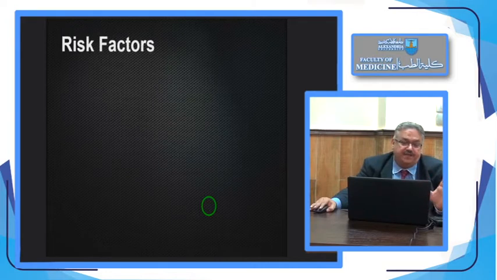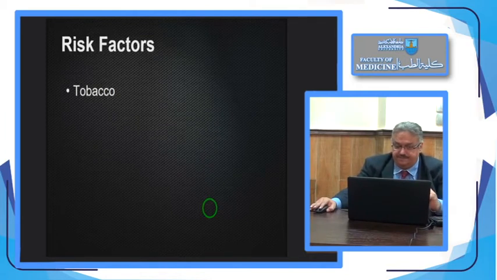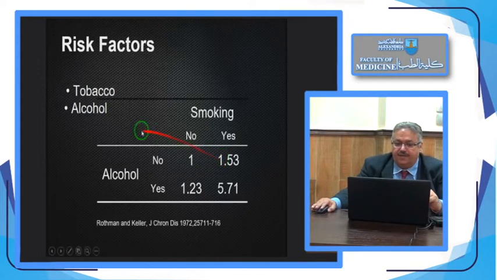So what about the risk factors? Risk factors of development of head and neck cancer. When I say head and neck cancer, I talk about squamous cell carcinoma of the neck. Tobacco, smoking kills, right? So tobacco, alcohol consumption. And when you look at this table, you find that if there is no alcohol consumption and no smoking, normal adult, the risk is 1.